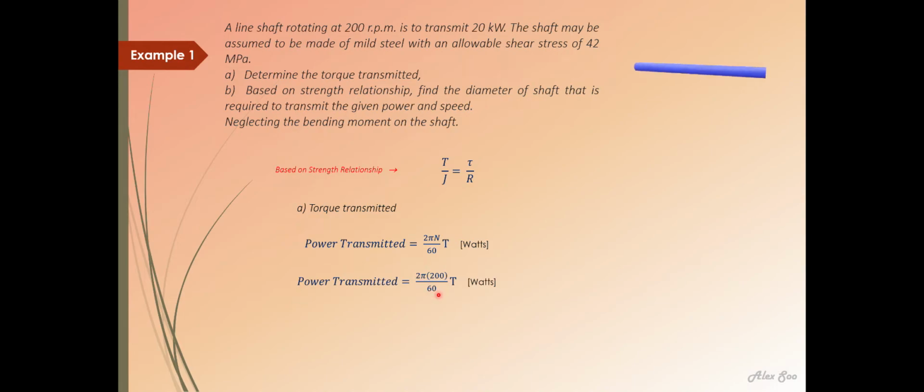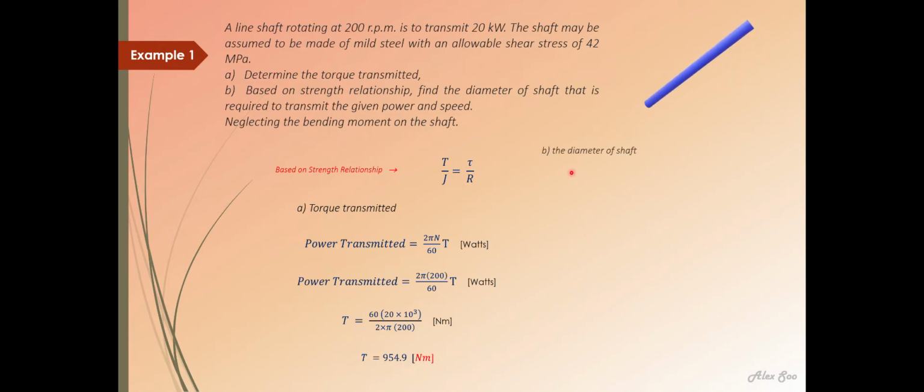So torque is equal to 60 multiplied by the power, 20 times 10 to the power of 3, divided by 2 pi times the speed of 200 revolutions per minute. You get a torque of 954.9 Newton meter. After part A, we go to part B.